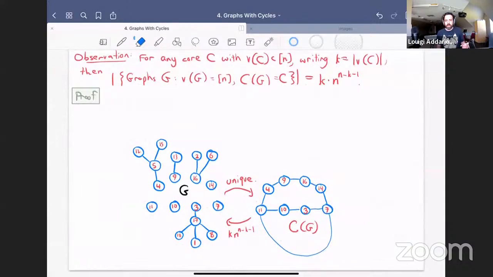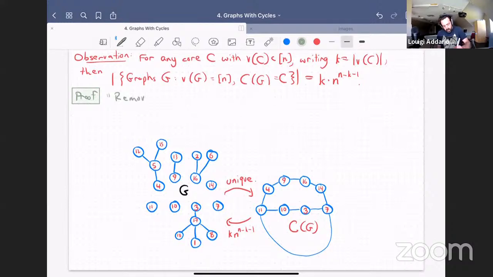All of those bits that got removed to form the core are a forest. And if I view the vertices of the core as the roots in the forest, then this is just some arbitrary forest of rooted trees whose roots are given by the labels in the core. And we know how to count forests, we did it before. So that's where the formula comes from.